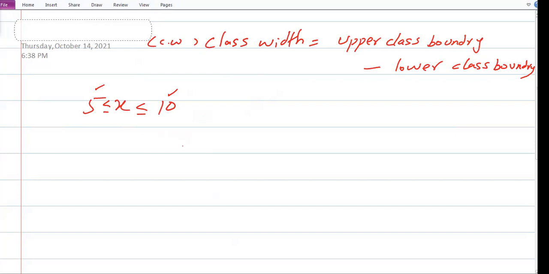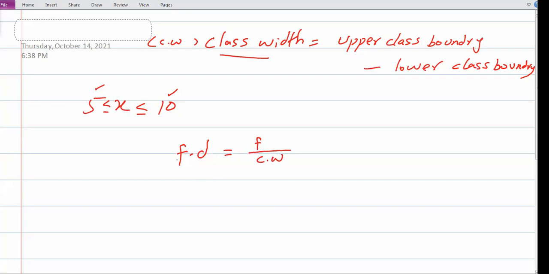Another thing is frequency density. I told you frequency density in the histogram will be equal to the height of the bar that you are taking, while class width will give you the width of the bar. For frequency density, I will write FD. Frequency density is equal to frequency over class width.